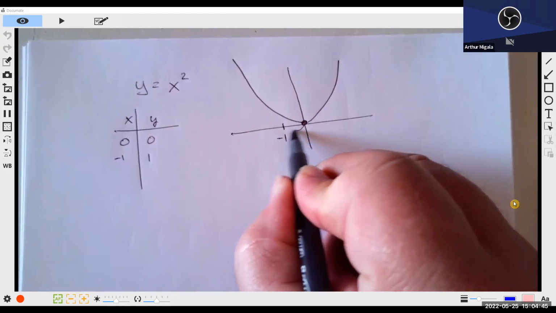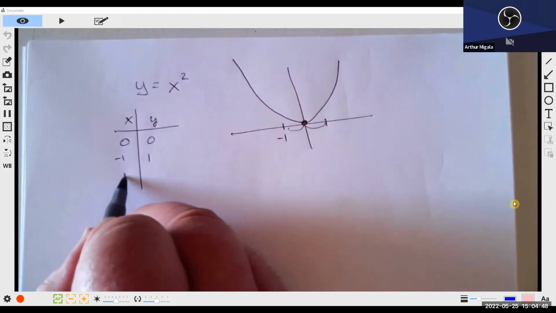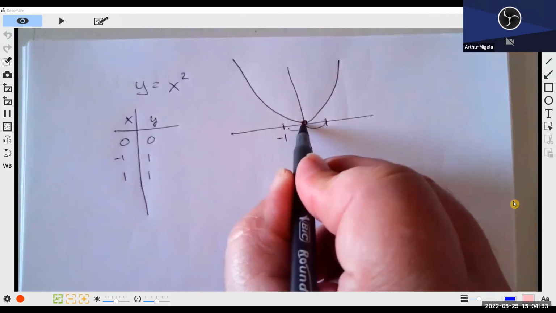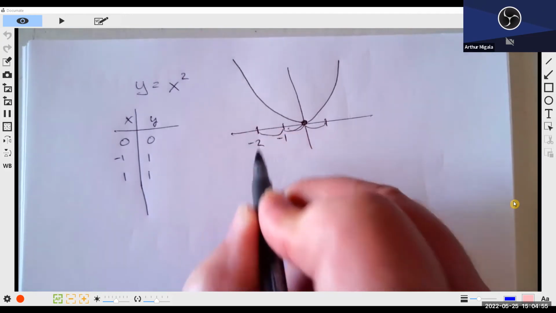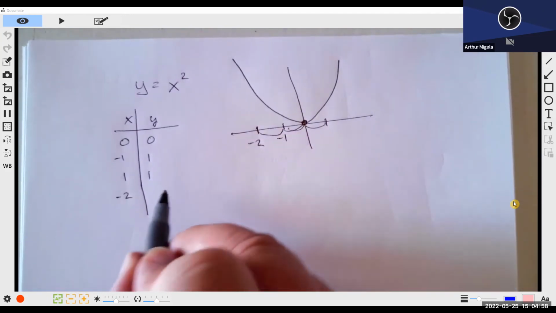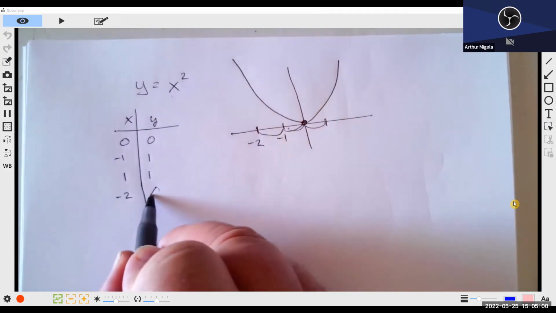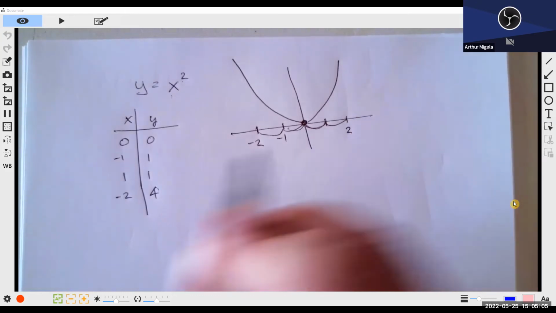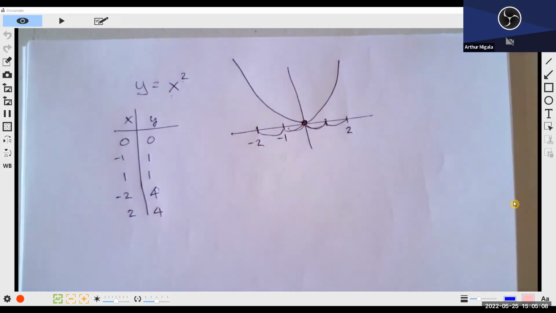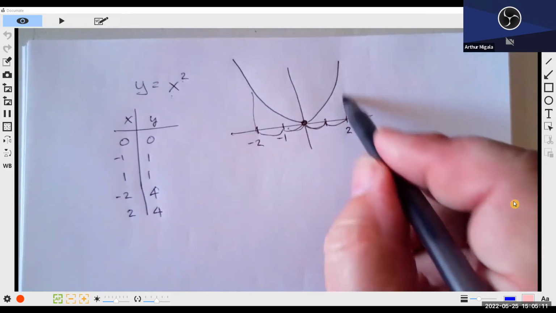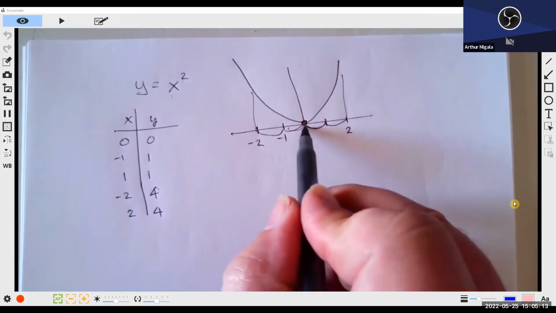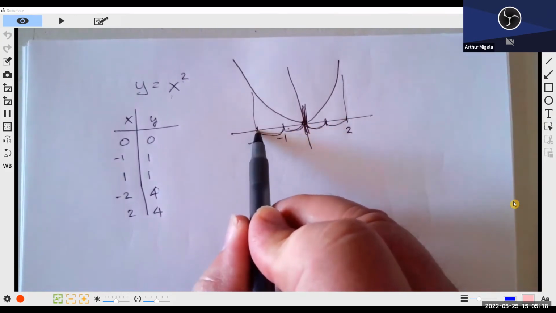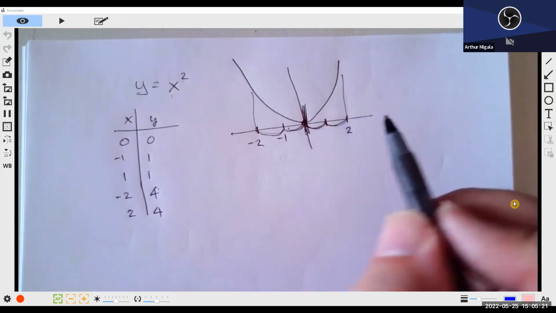If I go one space to the right, 1 squared is 1. If I go 2 spaces to the left, -2 squared is +4. If I go 2 spaces to the right, it's going to be +4. So that's why it's symmetric. If I figure out where the axis of symmetry is, I know the answer is going to be the same if I go 2 spaces to the left or 2 spaces to the right.